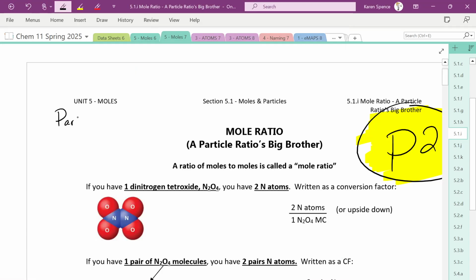What is a particle ratio? It allows you to convert between particles of A and particles of B. And you find it by writing the formula.